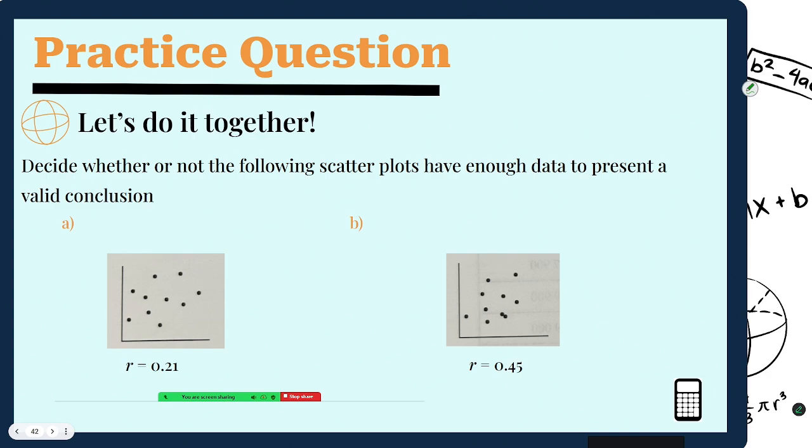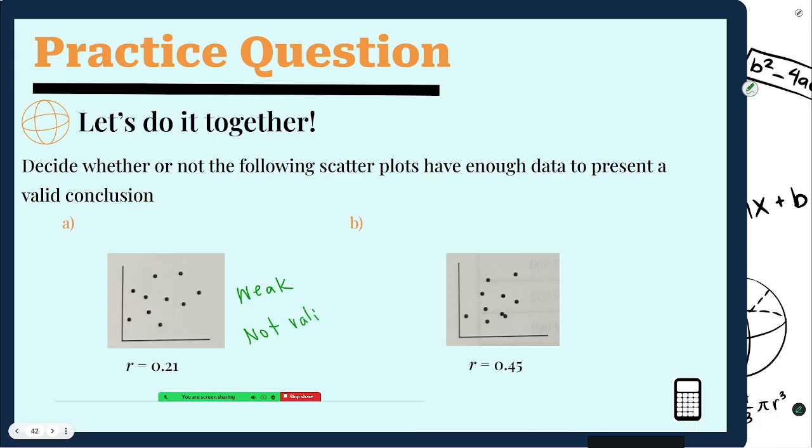To affirm our thinking, we can look at the R value that's present. So in our first graph, we have these 10 data points. They're very sporadic. They're not a great line of best fit, and our R value is 0.21, and that confirms that it is a weak correlation that we would not consider valid.